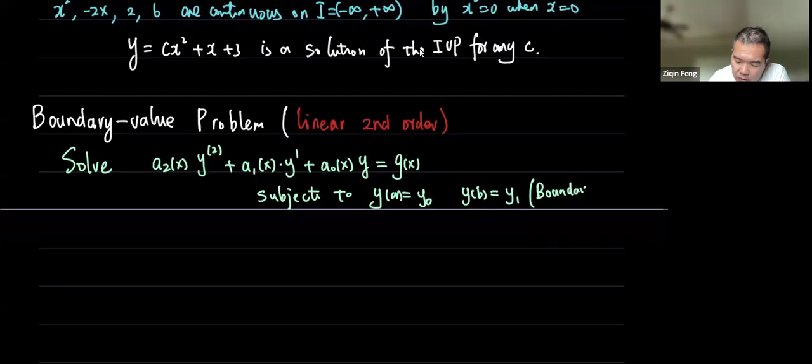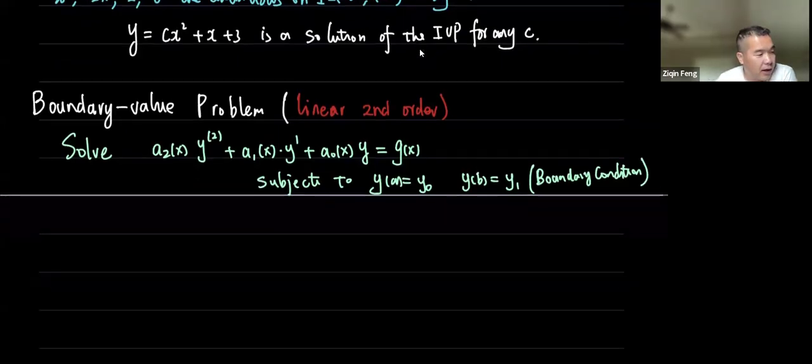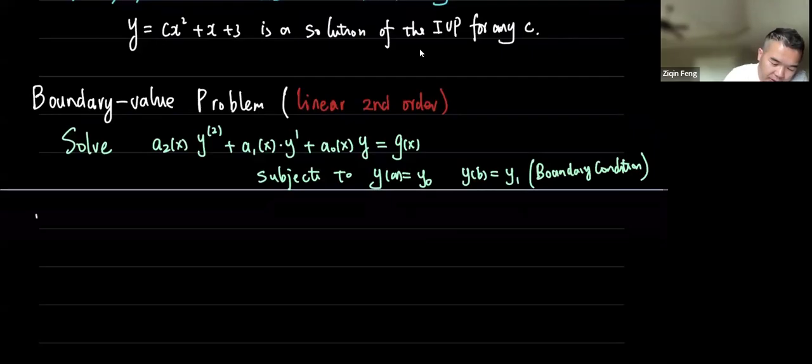Boundary conditions. In many applications, it's actually more natural. And so the remark here is that for such a boundary value problem, we don't have a nice result about the solution like the initial value problem.